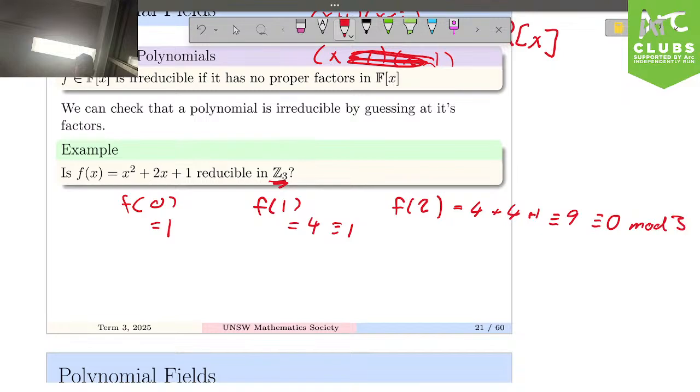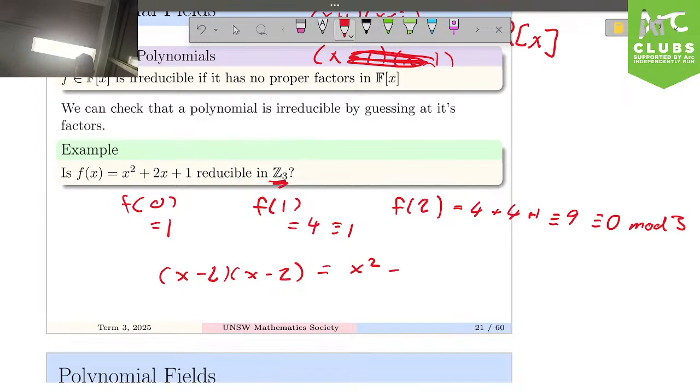So that means x squared plus 2x plus 1 has a factor of x minus 2. But we couldn't just break apart a quadratic into just one factor. There has to be another factor. And we figured out none of the other ones are roots, so the only possibility is this. We found a factorization just by testing everything. Let's see if we're right.